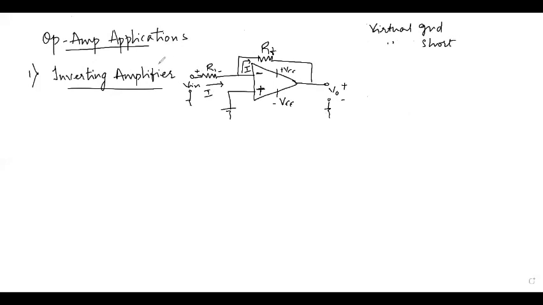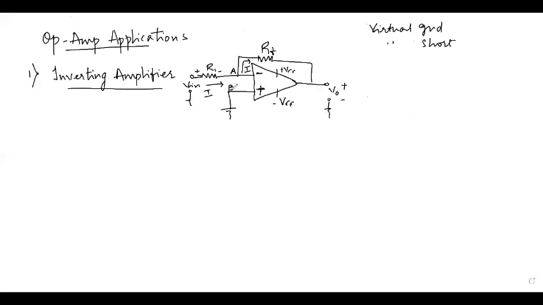So the virtual ground concept is, if we note these terminals as terminal A and terminal B, and this terminal is directly grounded, then the potential at this point will be equal to ground potential, and this terminal point A will also be at ground potential. This concept is called the virtual ground concept.